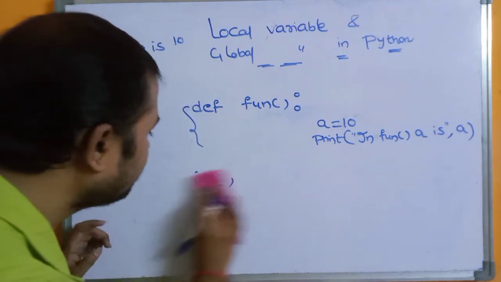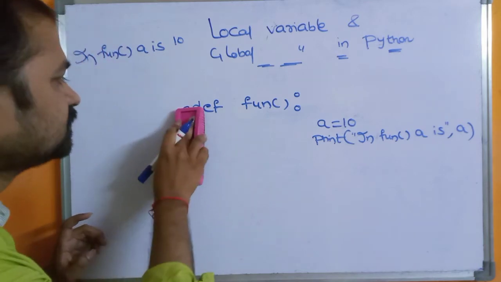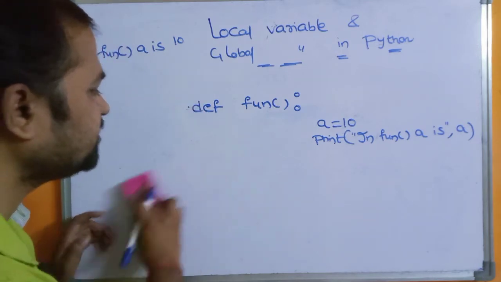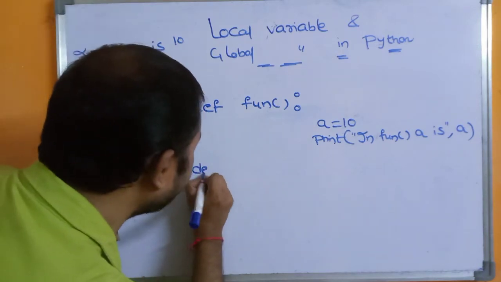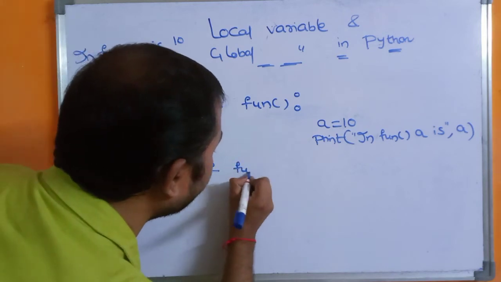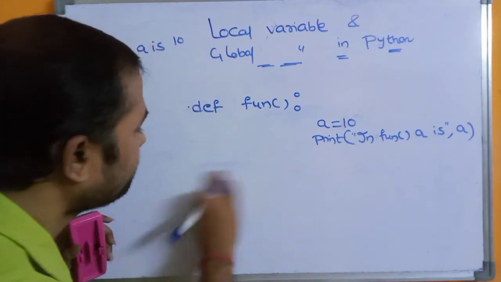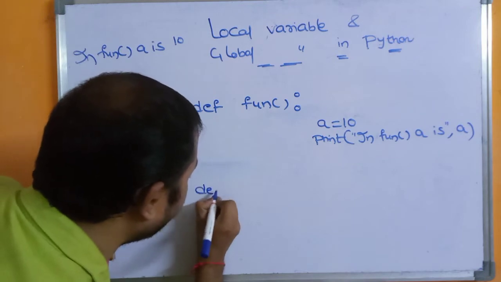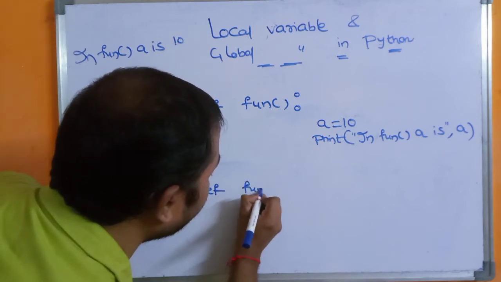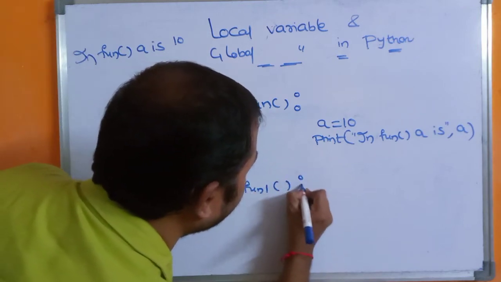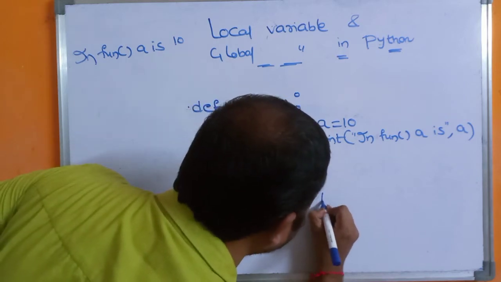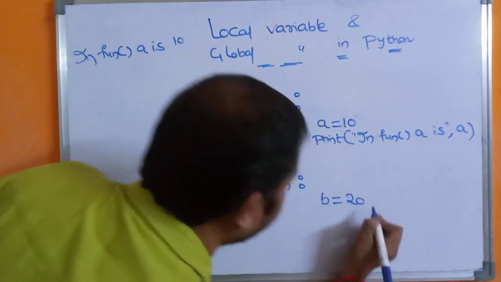Now let us define one more function. Let the name of the function be fun1. So def fun1. Here let us perform an initialization like this. b is equal to 20.